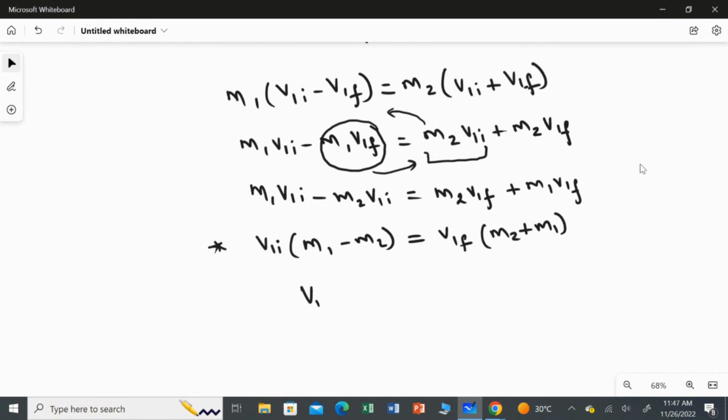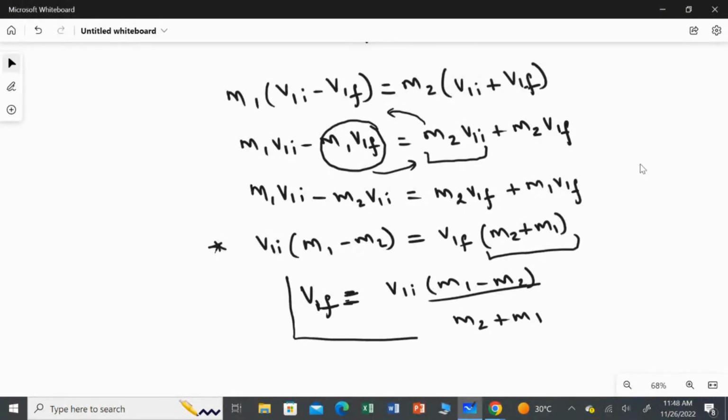So V1 final, which is equal to this term, will have the bracket term in the denominator, right? So V1 final is equal to V1 initial multiplied with (M1 minus M2) divided by (M2 plus M1), correct?